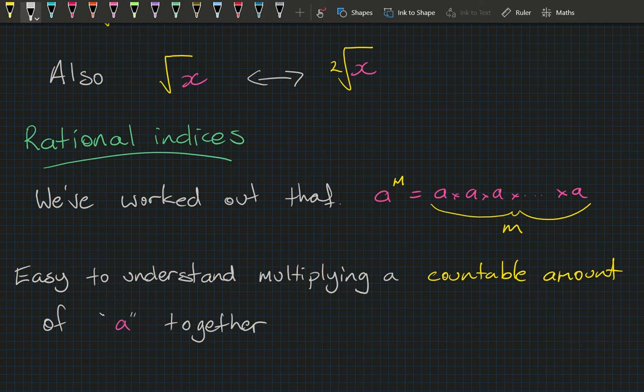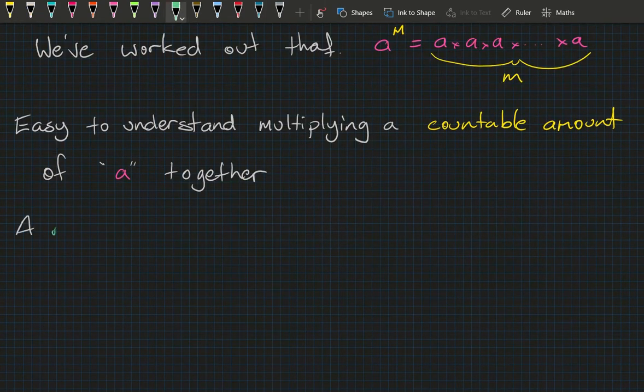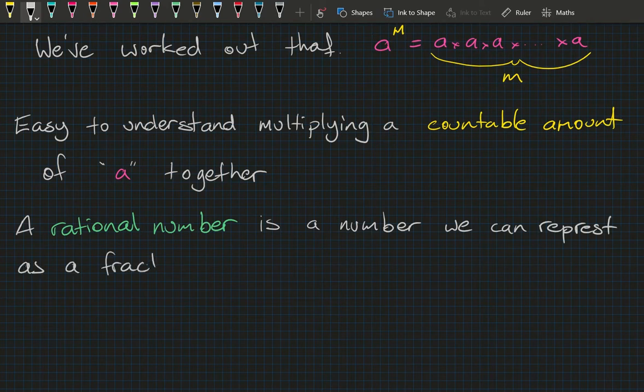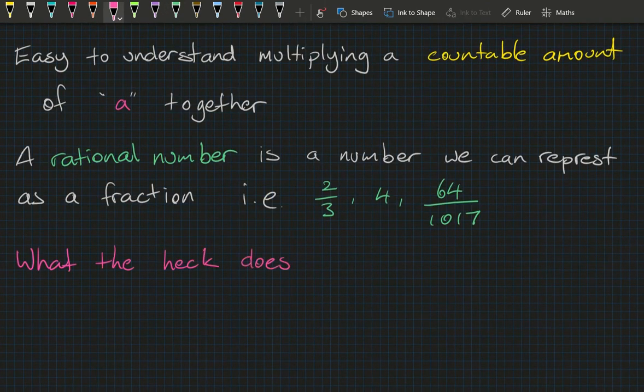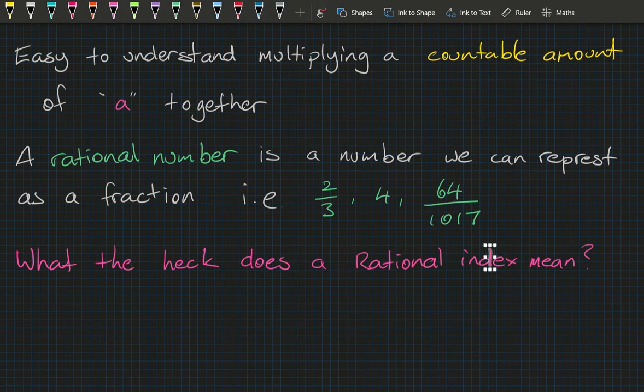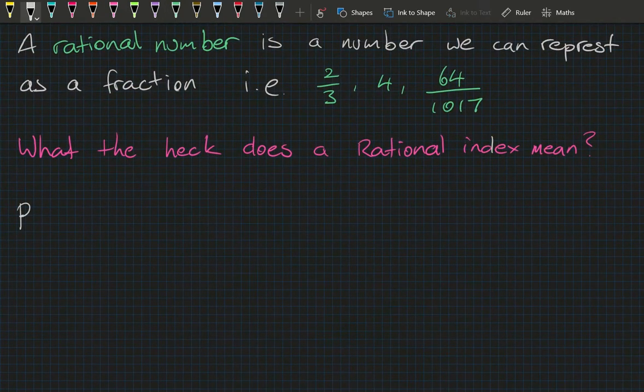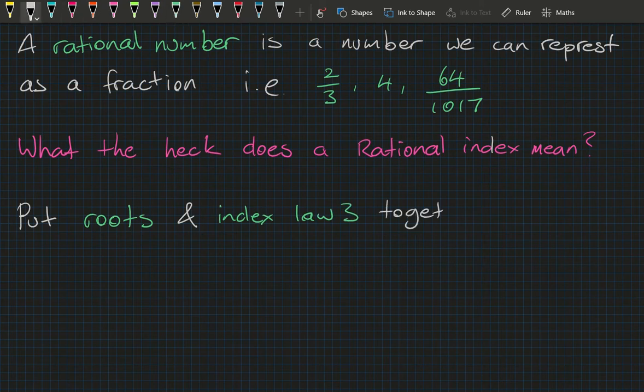Whereas a rational number is one that we could represent as a fraction, and that includes numbers like 2/3, or a whole number like 4, or even 64 on 1017. So what the heck does a rational index mean? So to figure this out, we're going to actually have to put together what we know about roots and index law 3.